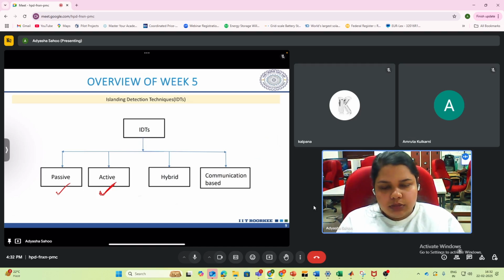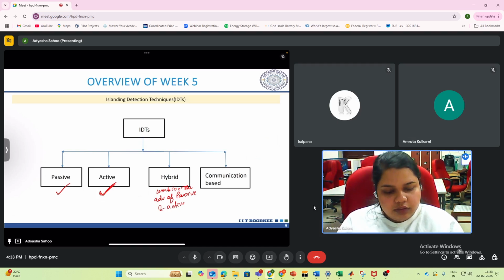These methods have some advantages and disadvantages of their own, passive and active. So the hybrid method will combine the advantages of passive and active to minimize their disadvantages, and we get the hybrid islanding detection techniques.